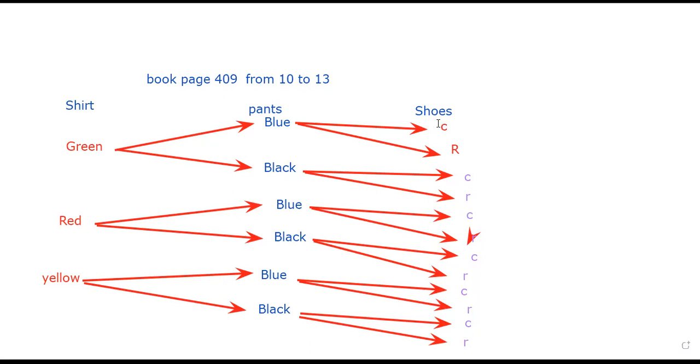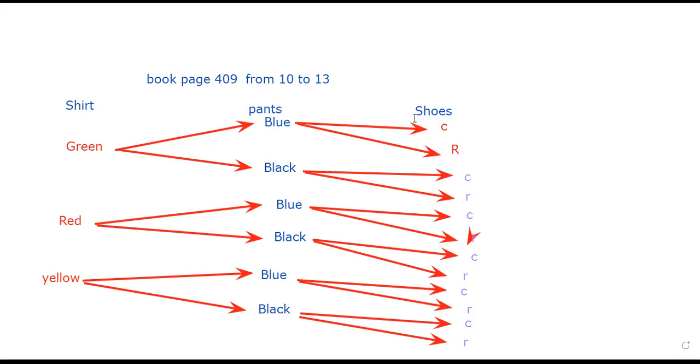As I said, this question you will find in your book, page 409, from question 10 till question number 13. Now, what is the probability that Martina picks an outfit at random that includes red shoes? How many times did she choose red shoes? 6 times.